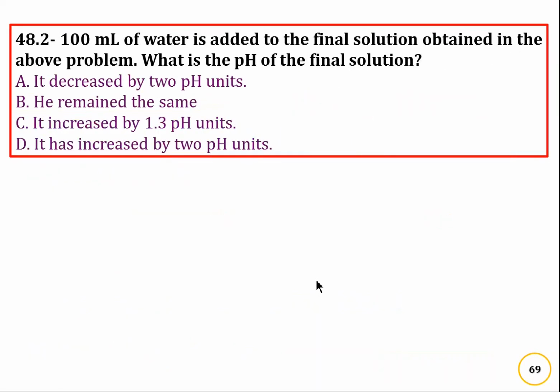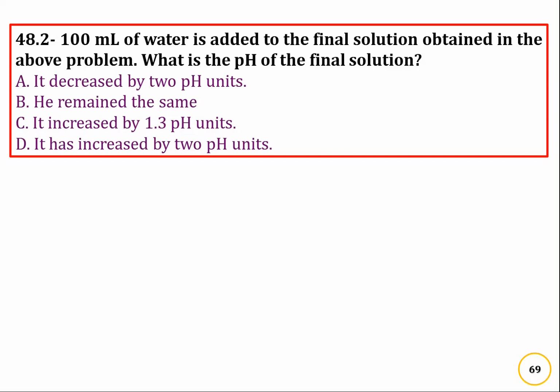48.2. Water is added to the final solution obtained in the previous problem. So what is the pH of the final solution? In the previous problem, we obtained a mixture of weak acid HA and its conjugate base A- with equal numbers of moles, and we said that the solution is a buffer solution.